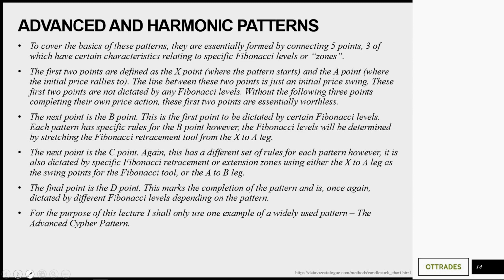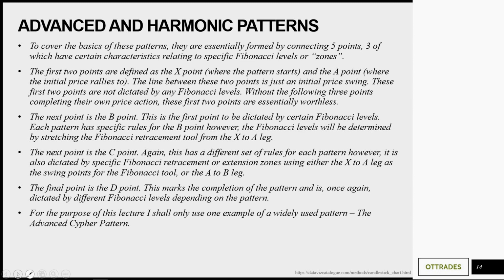This is the starting point of the pattern, and from that X point, price moves in one direction or the other, either up or down, from the X point, which is just the start, to the A point, which is just the initial price rally. So again, that's got nothing to do with any Fibonacci level, it's just price movement up or down from the X point to the A point. These first 2 points are not dictated by any fib levels.